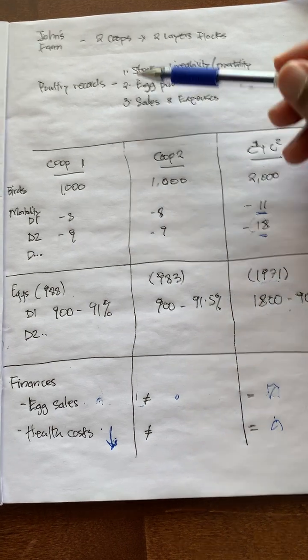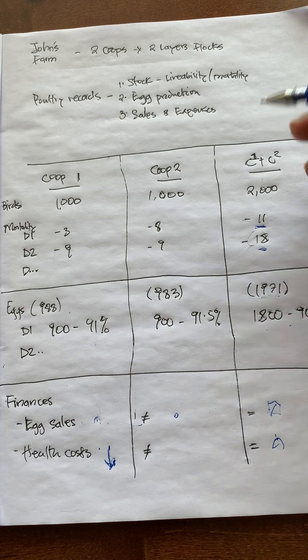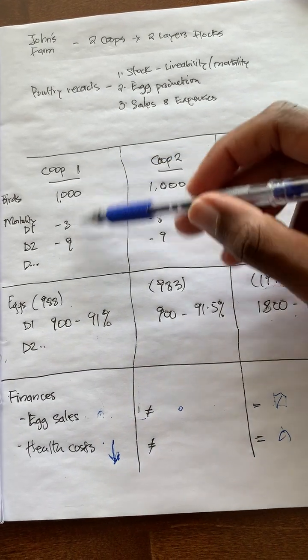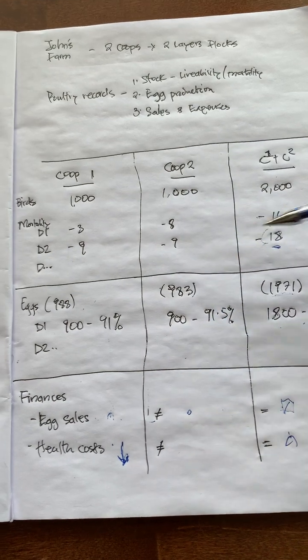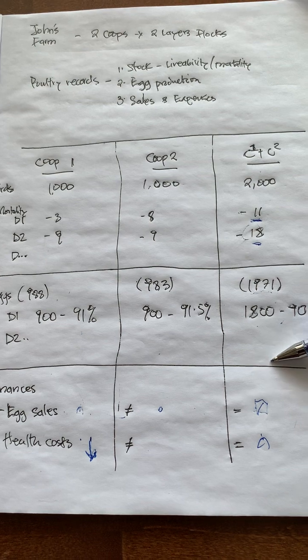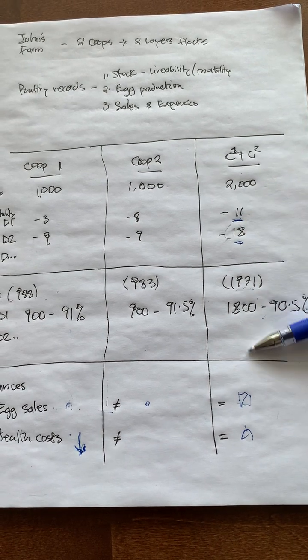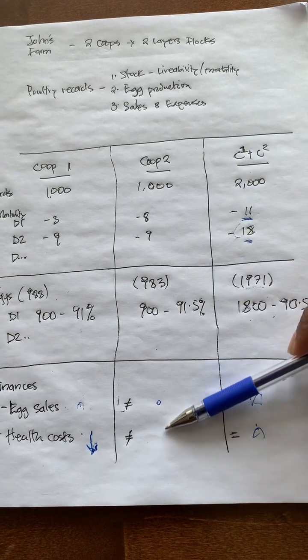So coming back to the question that had been asked, can you, instead of having flock records for each coop, keep them combined? And the answer is yes, you can combine them, but when you do that, you lose the context of each flock's performance.